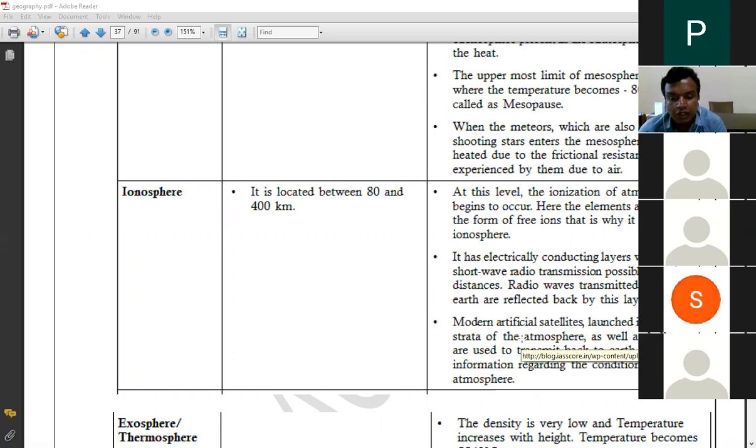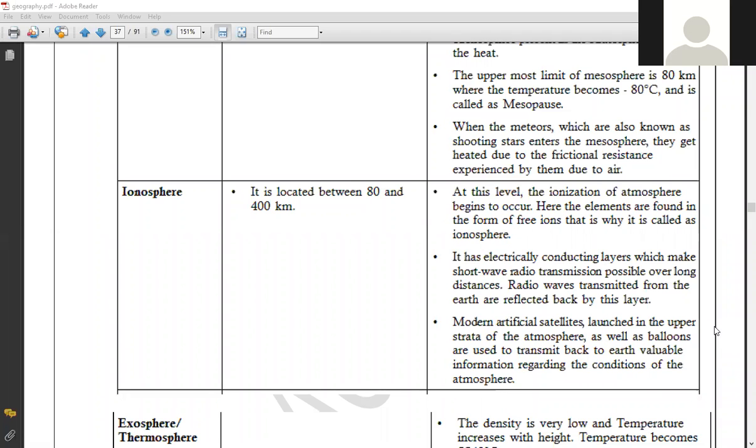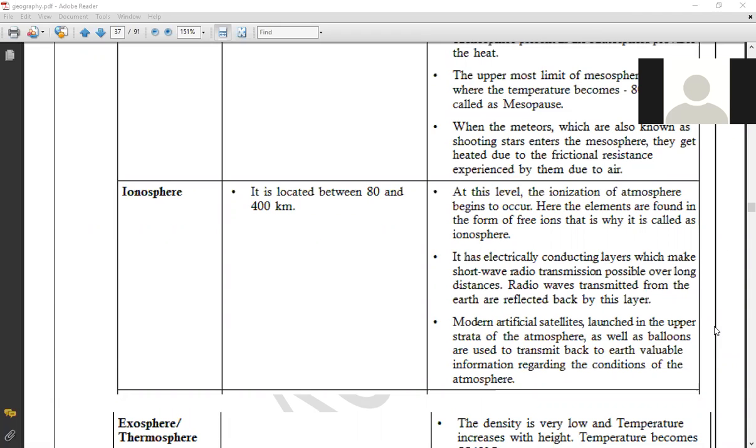Or why is the moon called a satellite of the earth? What is the meaning of satellite? The moon is a satellite of the earth. It means what? Because it revolves around the sun, and that's why. Yes, it revolves around the sun. Why does it revolve around the sun?